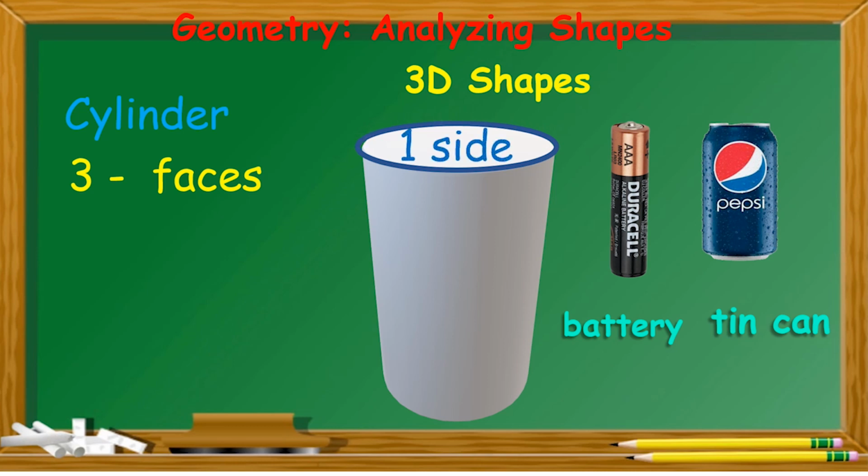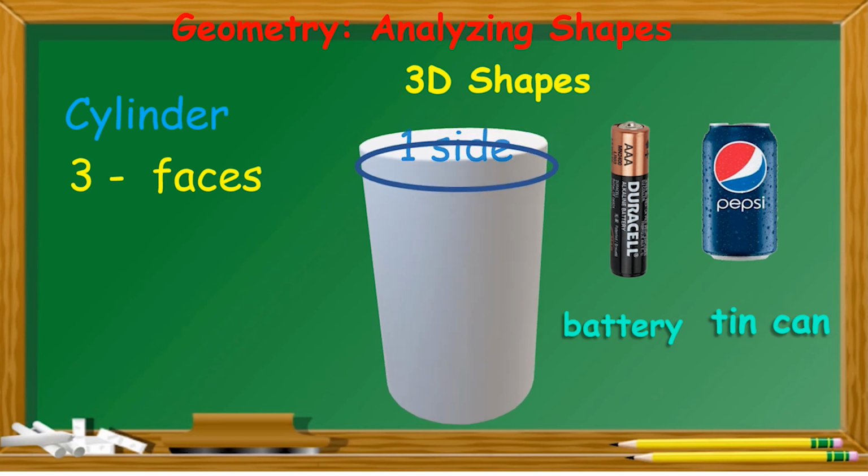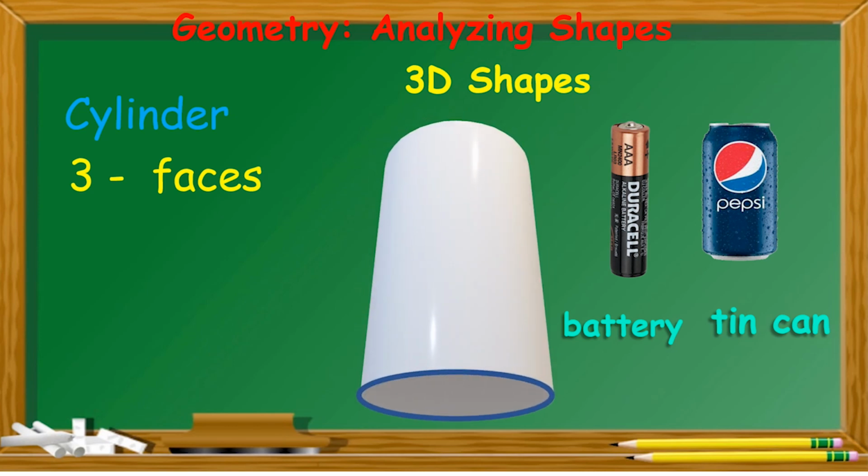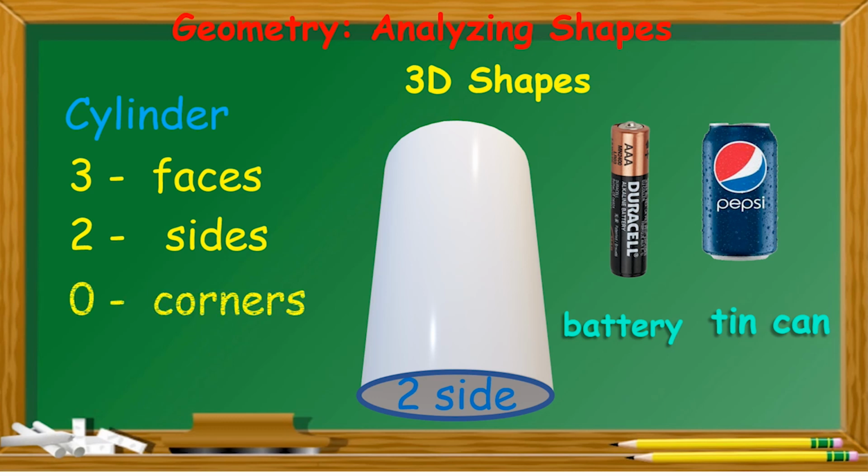So a cylinder has one side and the other side, two sides. So a cylinder has two sides. Now, what else? Okay, a cylinder has 0 corners.